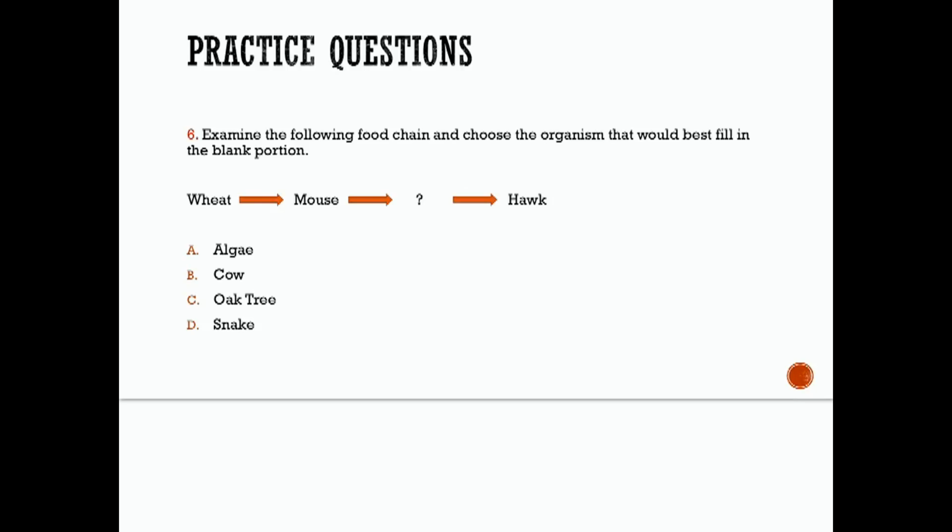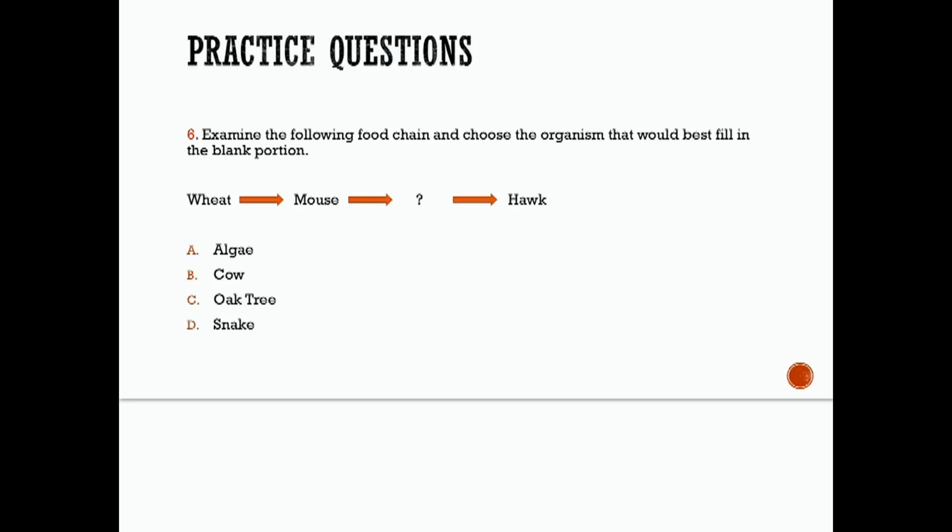Number 6. Examine the following food chain and choose the organism that would best fill in the blank, the question mark, portion. The energy from the wheat is transferred to the mouse. The energy from the mouse is transferred to the blank. The energy from the blank is transferred to the hawk. So we need to figure out what's going to eat a mouse and what can the hawk eat. So you might pause this and look at your options.